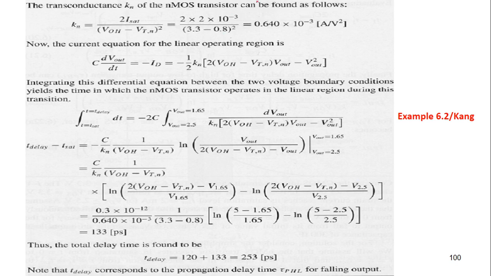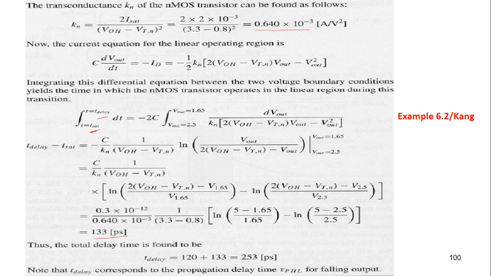From that previous equation you can find the value of Kn to be around this much. The second part, when it goes from saturation to the 50% mark, will come out to be around 133 picoseconds.